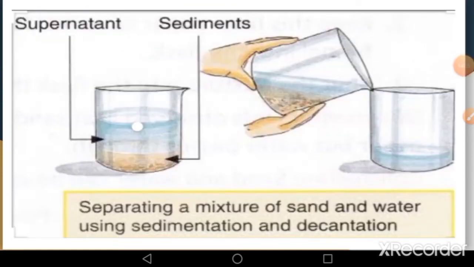Then the upper clear liquid, which can be water or milk, is poured into another container, means glass or bowl, without disturbing the insoluble substance which is already settled down. This process is called decantation. Mud and water can be separated by sedimentation and decantation.